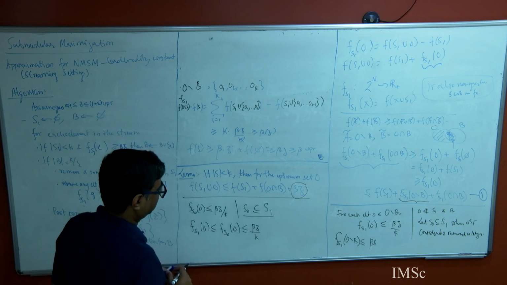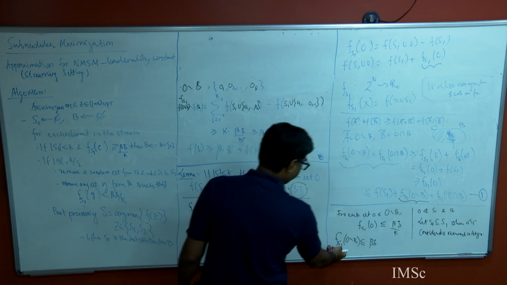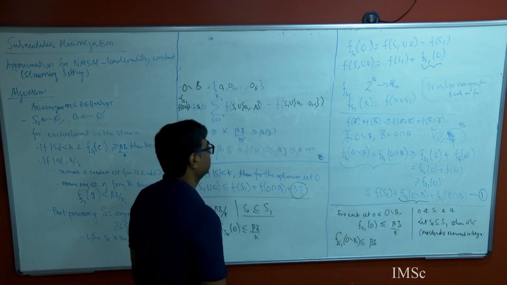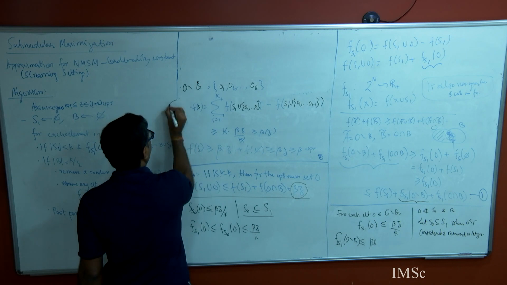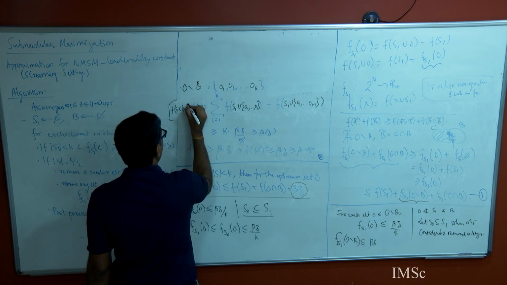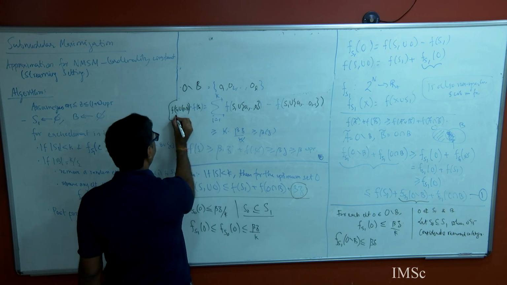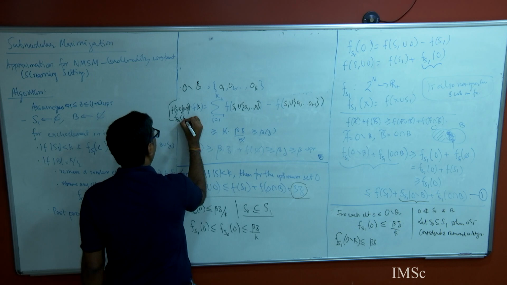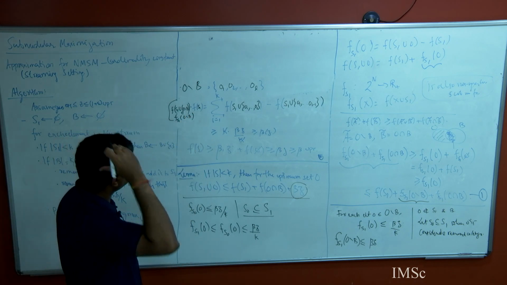If I do O minus B, yeah, I only needed S1 union O minus B. So why do I need to do this? So f of S1 union O minus B, minus f of S1, which is the same as writing this is equal to the marginal of S1 with O minus B. Okay.